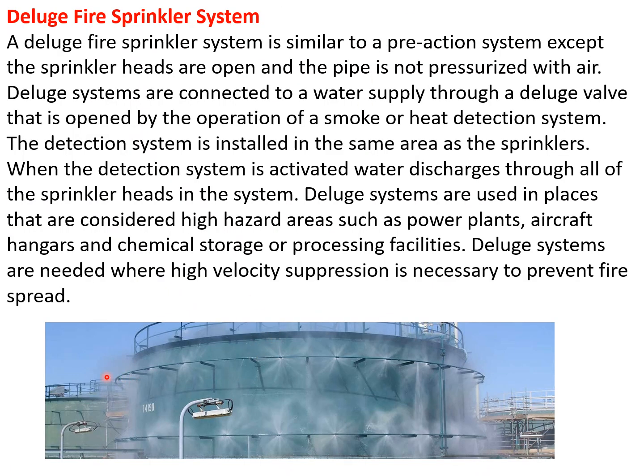Friends, this slide shows you a deluge fire sprinkler system installed for a petrol tank, a big size petrol tank, and circular valves are provided in circular formation at several different heights.